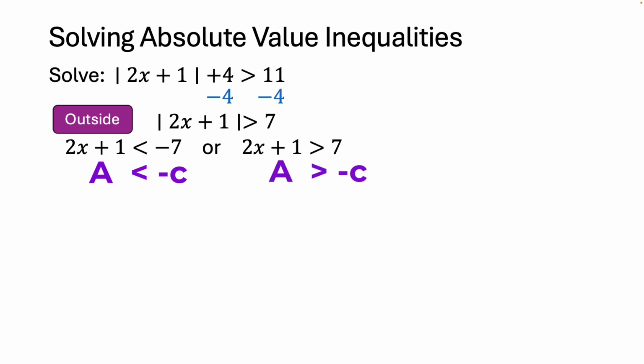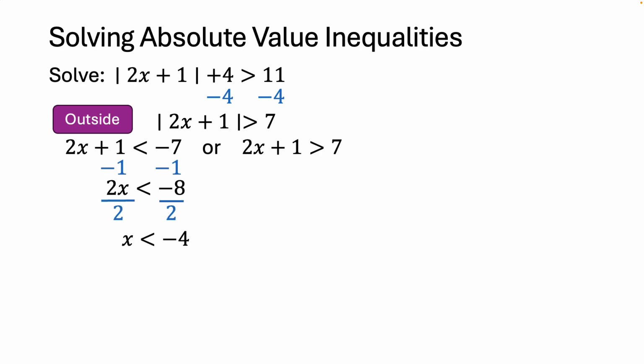Now let's solve each one of these inequalities. On the left side, we need to solve 2x plus 1 is less than -7. So let's subtract 1 from both sides. This would leave us with 2x is less than -8. Dividing both sides by 2, we would end up with x is less than -4. Now let's solve our other inequality. 2x plus 1 is greater than 7.